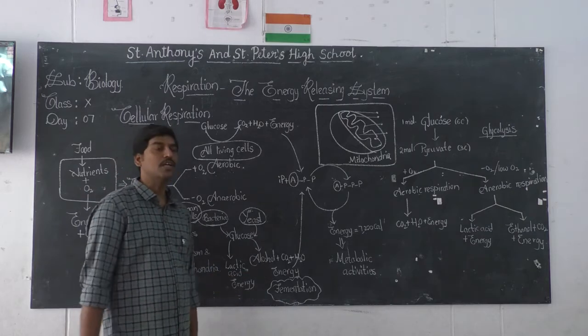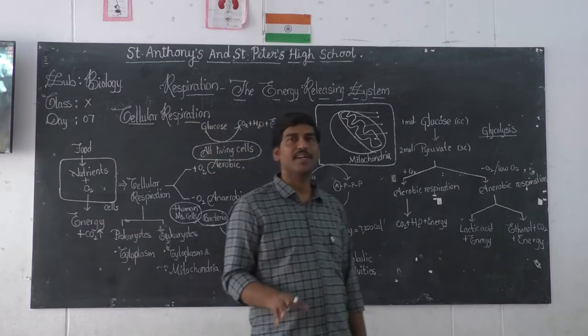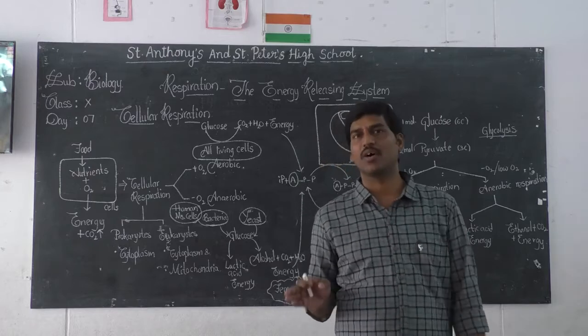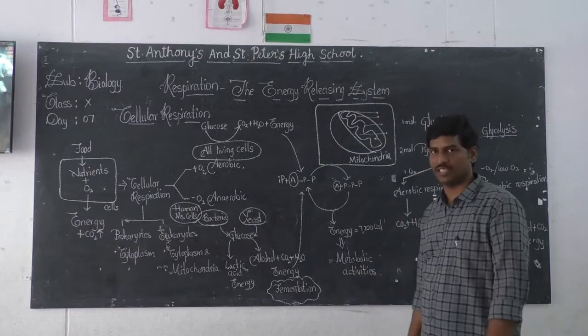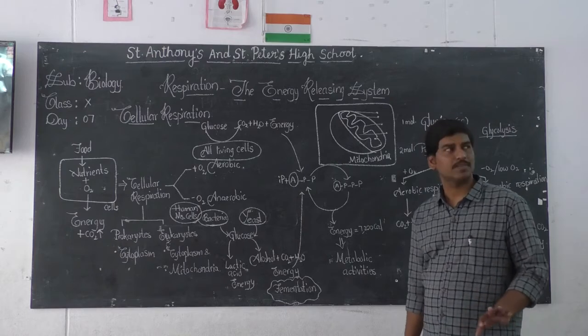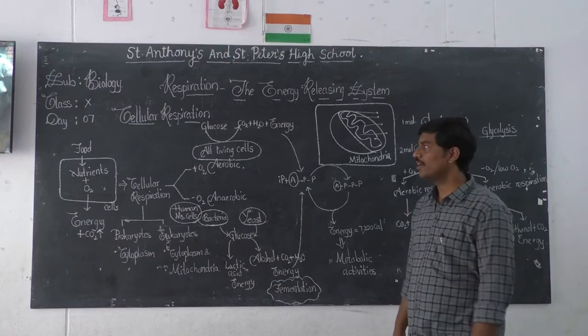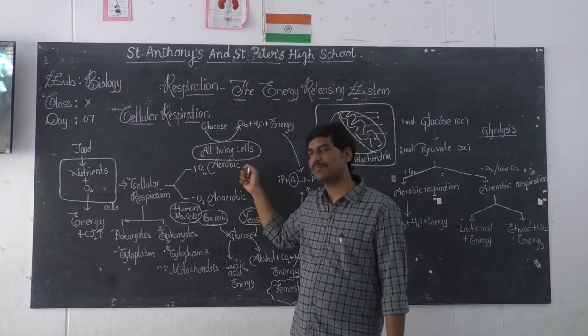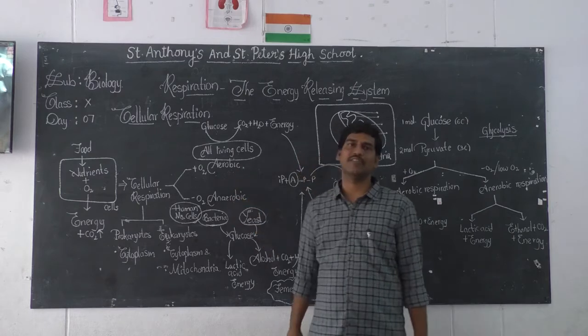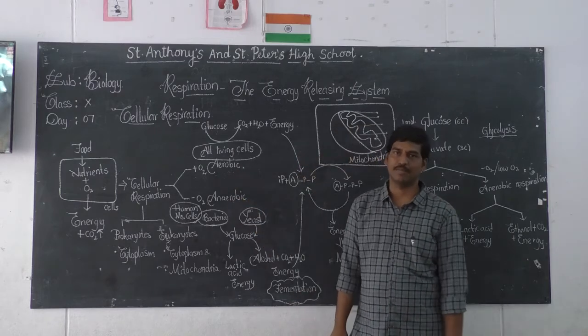It depends. So we are very clear that the nutrients can be broken down in the presence of oxygen or in the absence of oxygen. If it takes place in the presence of oxygen, we call it aerobic respiration. If it takes place in the absence of oxygen, we call it anaerobic respiration.